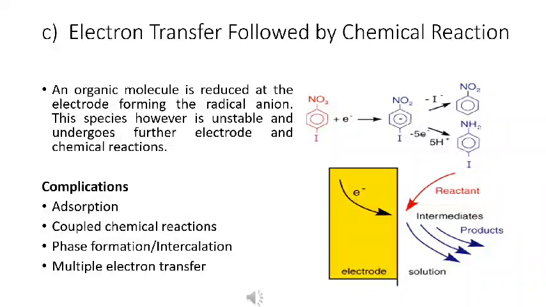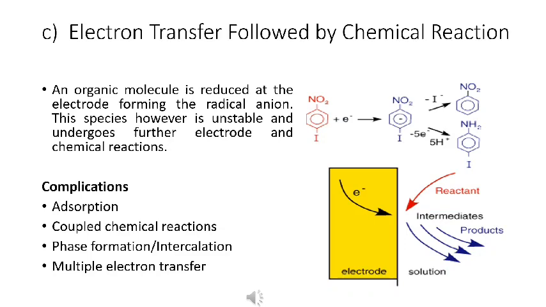Okay, this is the third case, which is more complex. It involves the formation of an intermediate, so it probably also involves a multi-step electron transfer. For example, in this case, this is an organic molecule, probably iodonitrobenzene, I'm not sure about the naming of this compound.